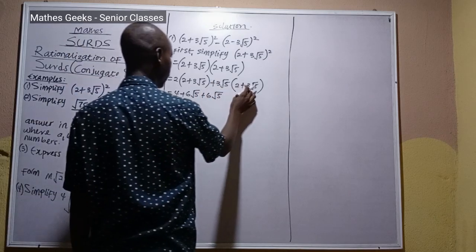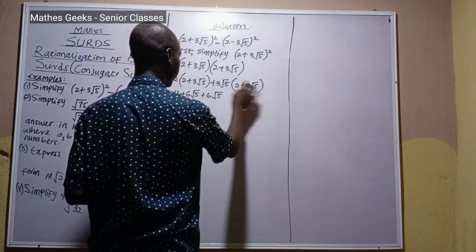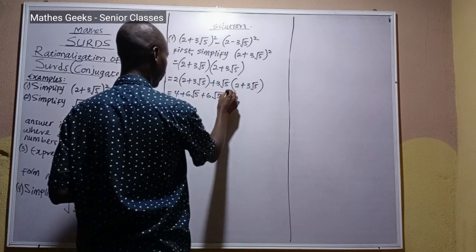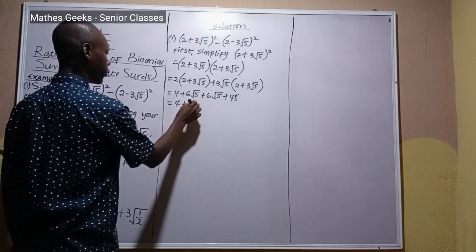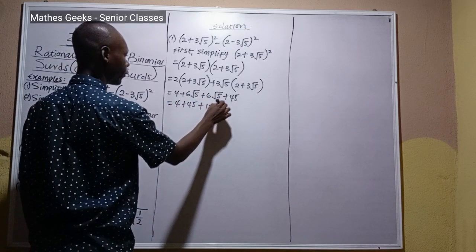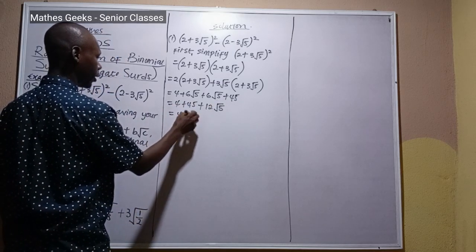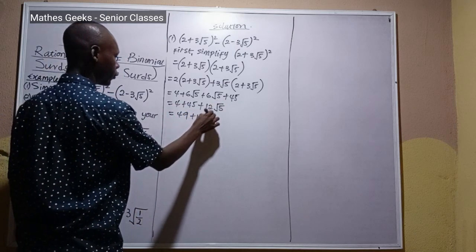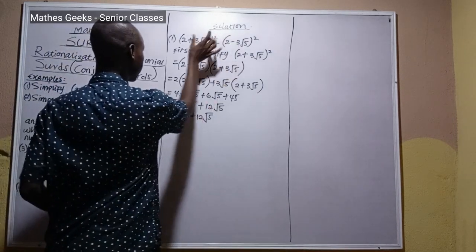Plus 3 root 5 times 3 root 5: 3 times 3 is 9, root 5 times root 5 is 5, and 5 times 9 gives 45. So this is 4 plus 45, plus 6 root 5 plus 6 root 5 gives 12 root 5. 4 plus 45 is 49, so we get 49 plus 12 root 5, and this is the value for this part.